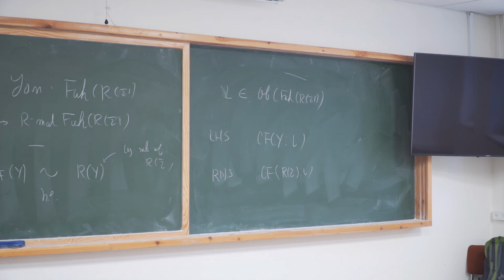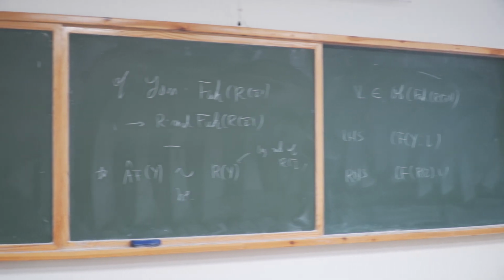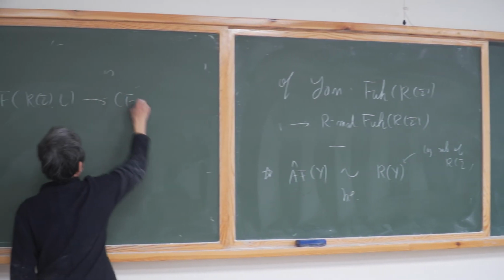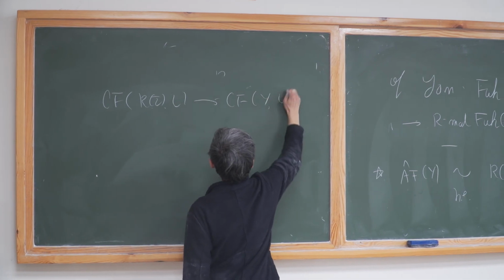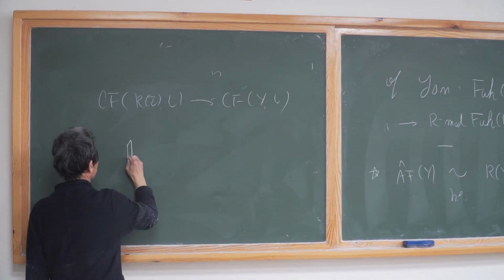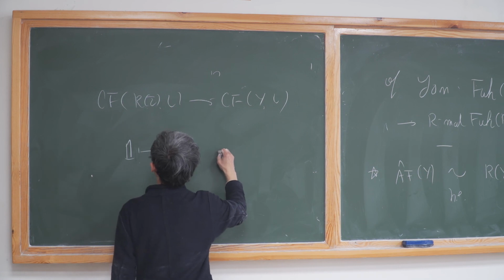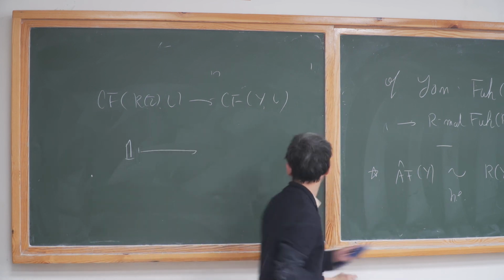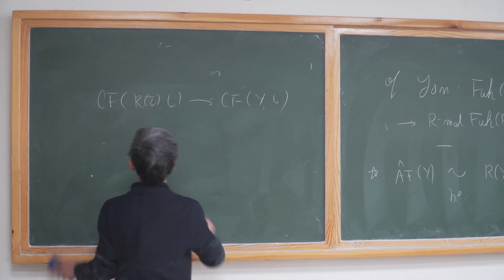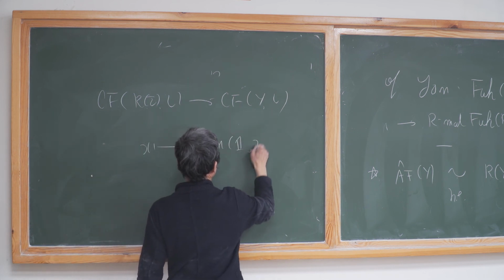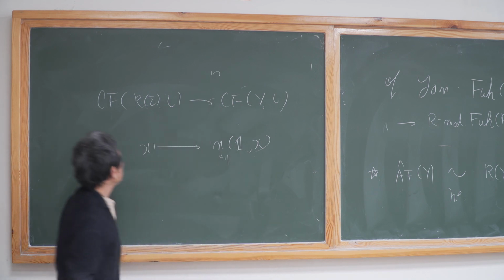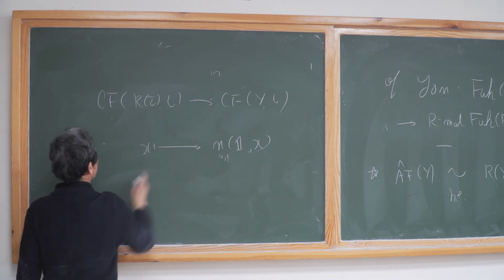We have a map from CF of R sigma, L to CF of Y, L, which maps x to N1 of x. And what is this N? N is the following map.